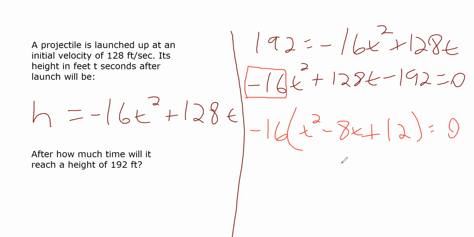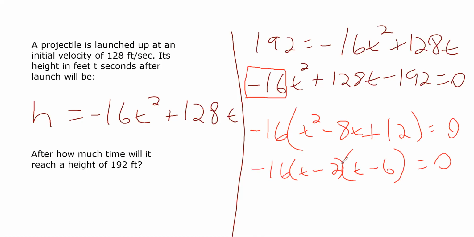So it looks like those numbers are going to be negative 2 and negative 6. You multiply those, you're going to get positive 12. But if you add them together, they compound their negativity and become negative 8. So that's how this factors. We took the negative 16 out of there.